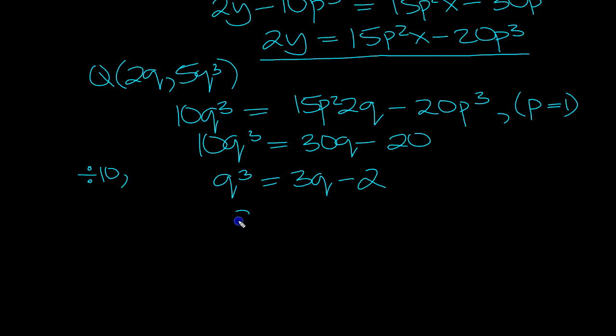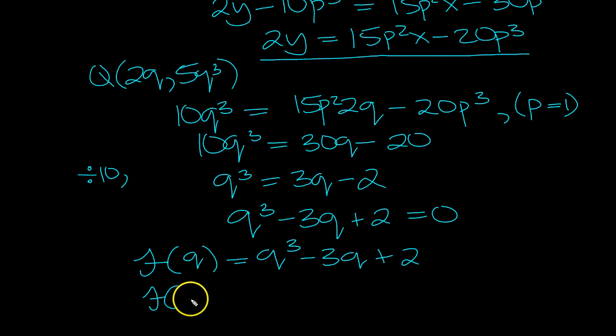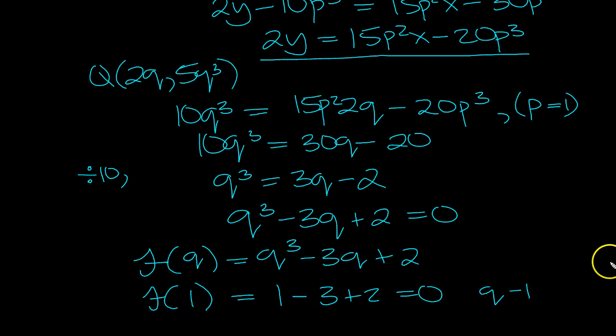So q cubed minus 3q plus 2 equals 0. So f of q is equal to q cubed minus 3q plus 2. When does that equal 0? Well, let's put f of 1 in, I think, is what it should be, shouldn't it? You can see that easily. 1 minus 3 plus 2 equals 0. So q minus 1 is a factor.